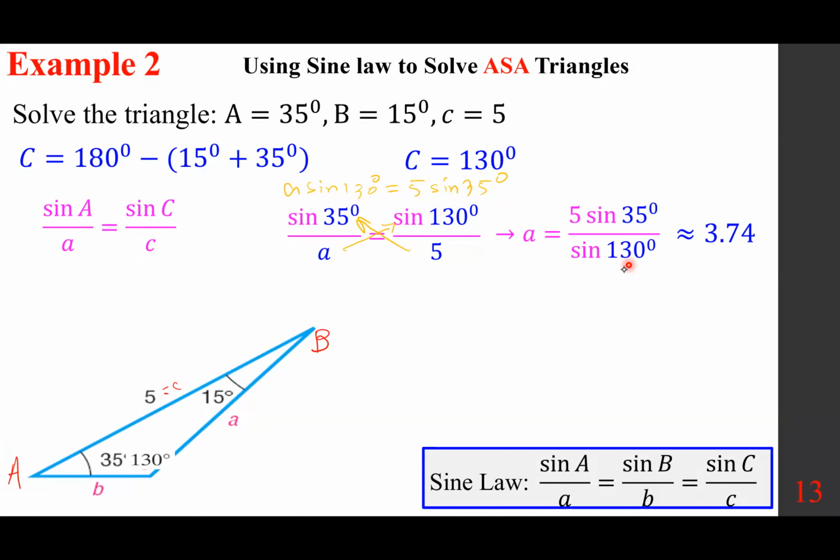We went with 2 decimals. I highly recommend you use a calculator, know what you're doing, and take it from there. And so we're going to use the same thing, but this time instead of sine A, we're going to go with sine B over lowercase b. So a is 3.74.